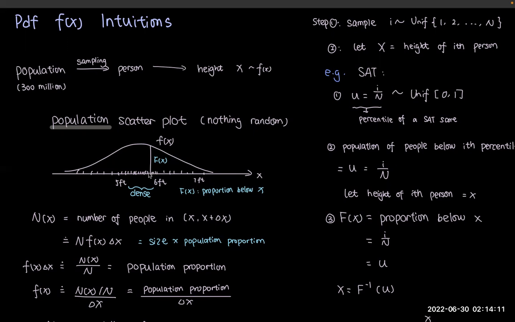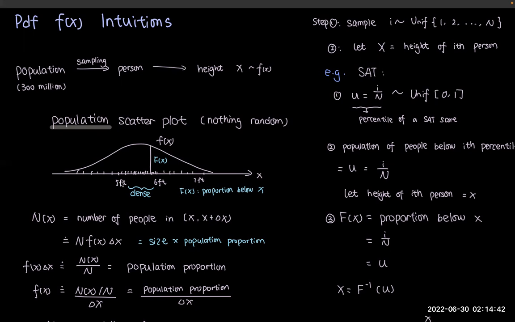Each person in this population becomes a point. Let's assume that we measure the height in infinite precision. We don't just stop at inches. We continue to use finer and finer units with infinite precision. Then we have this collection of 300 million real numbers, and you can think of this density f of x as the density of this population.